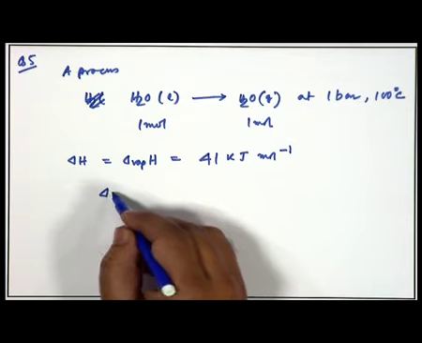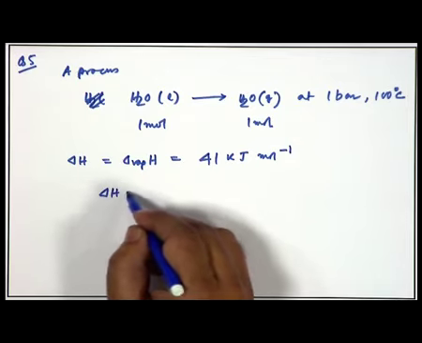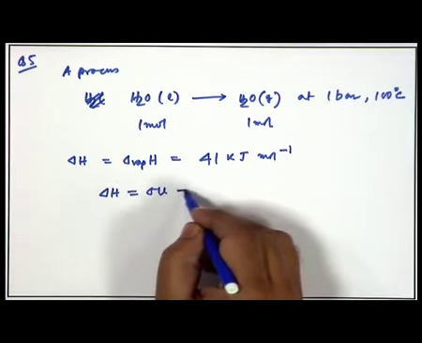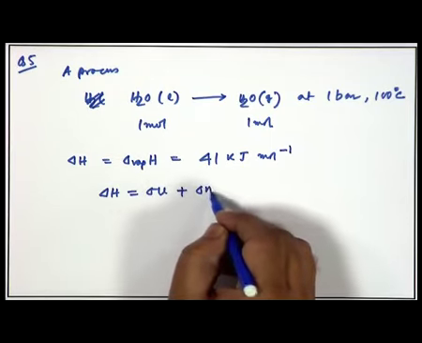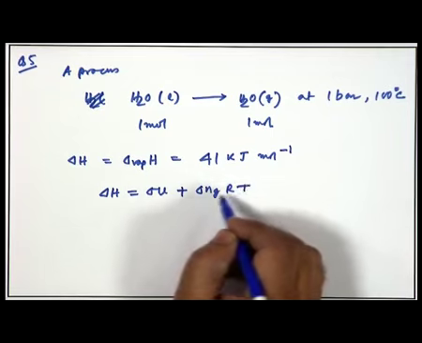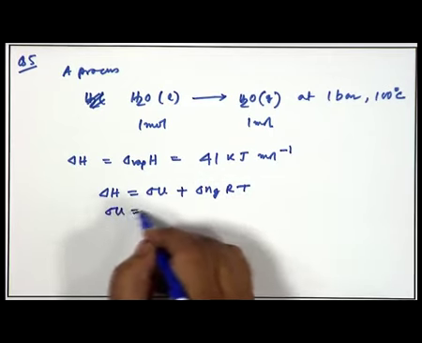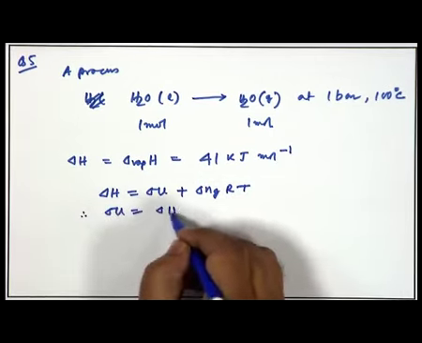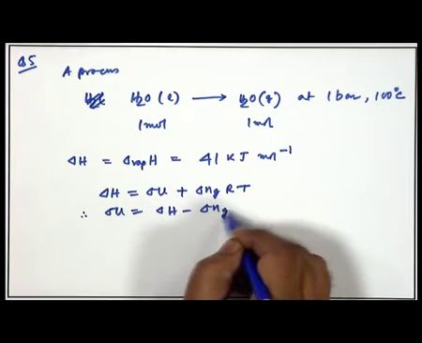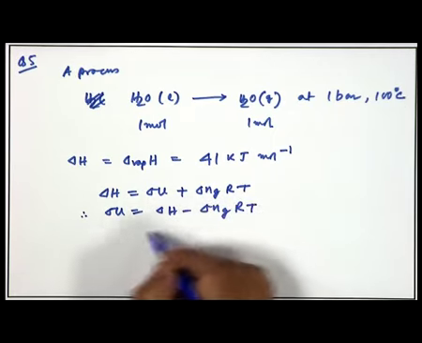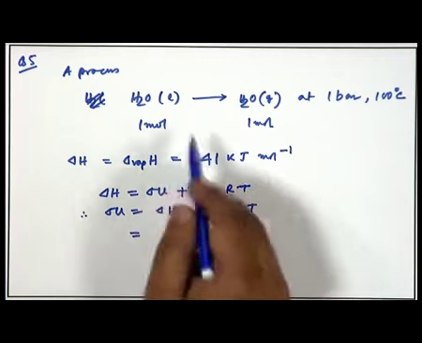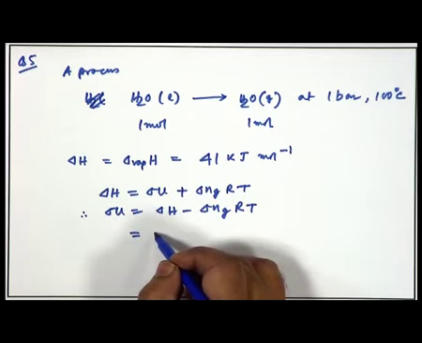So, we can get the other value, delta U, from the expression we learned just now: delta U is delta H minus delta n_g R T. We are talking about 1 mole of water.